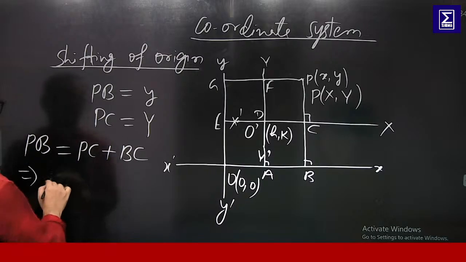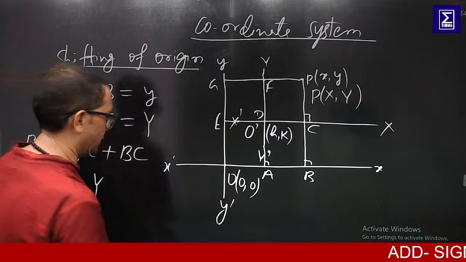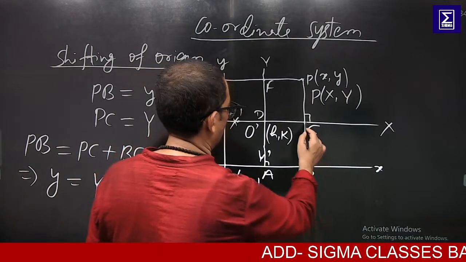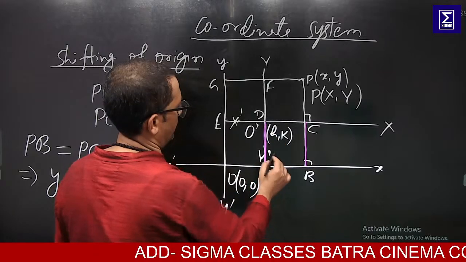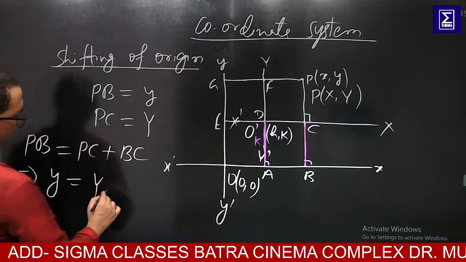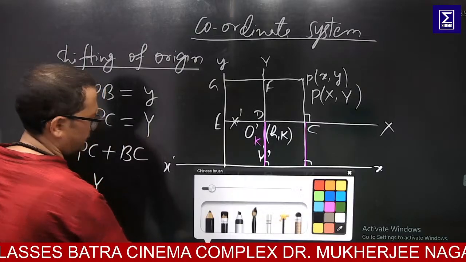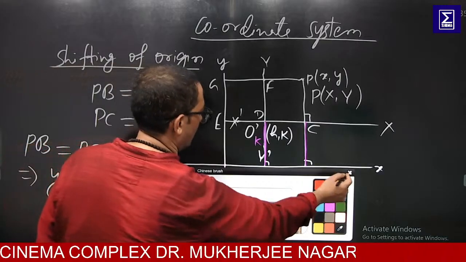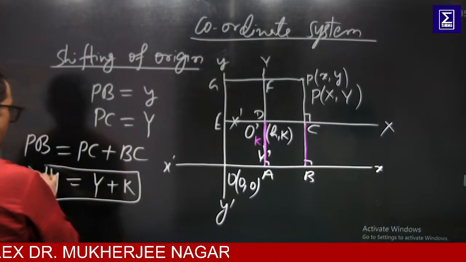PB is nothing but small y and PC is capital Y, and as far as this BC is concerned, we can see here this BC is nothing but this length, and here it is k. So it is y equals capital Y plus k. So this is the relation.